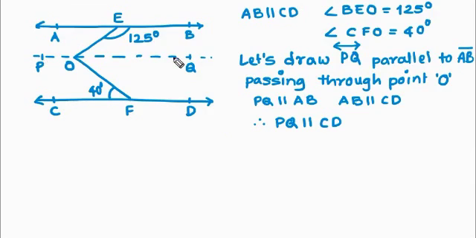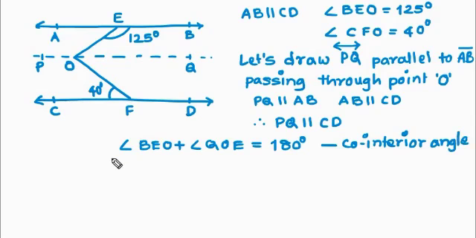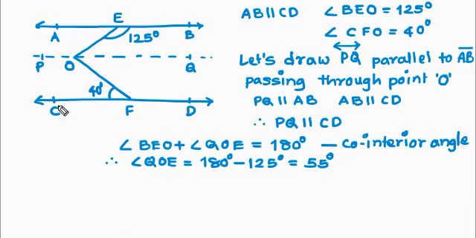Now we know if PQ is parallel to AB, then EO is a transversal, and hence angle QOE will be a co-interior angle with angle BEO. So angle QOE is equal to 55 degrees. And in a similar way, PQ is parallel to CD, OF is a transversal. So angle CFO and angle QOF will be alternate interior angles.